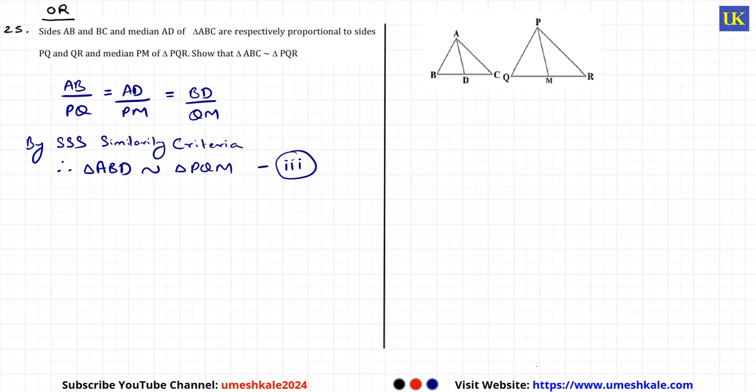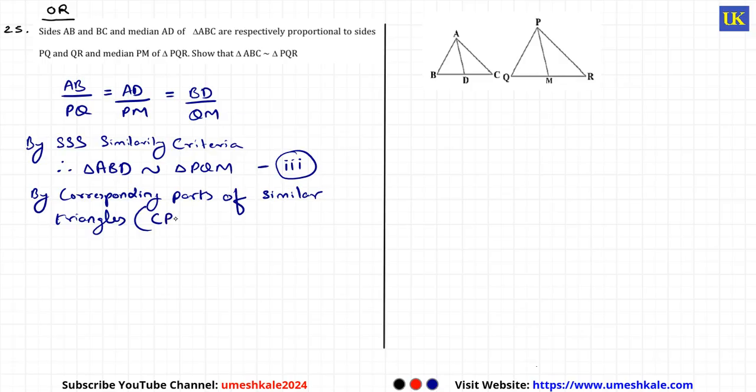Now, in congruency of triangles we used to use CPCT. Similarly we can use corresponding parts of similar triangles. You can call this CPST.